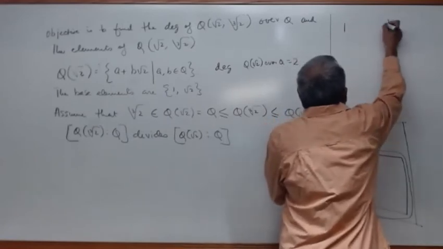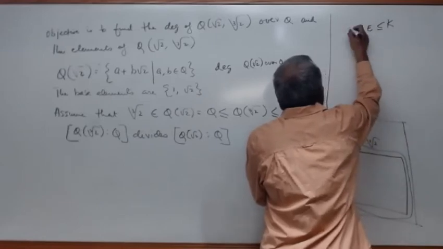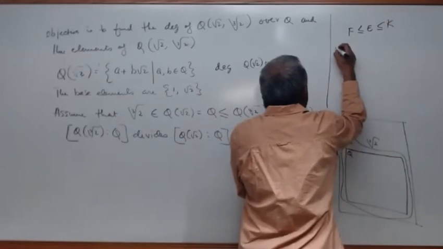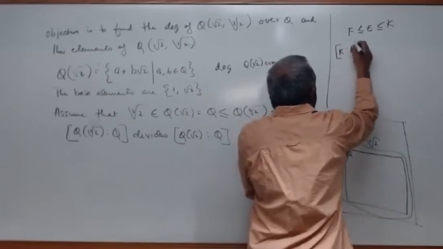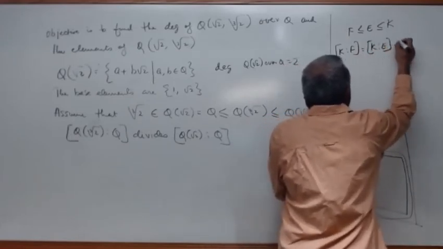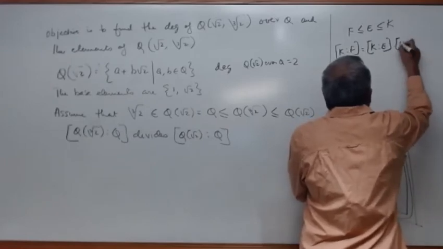K is an extension of E, which is an extension of F, all finite extensions, then we already proved that [K:F] is equal to [K:E] times [E:F].